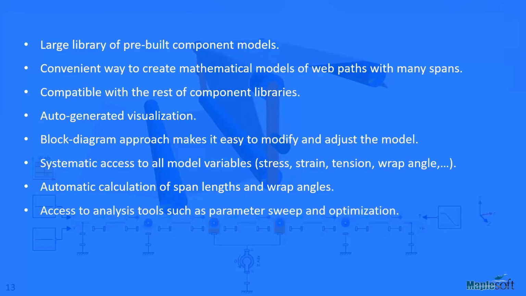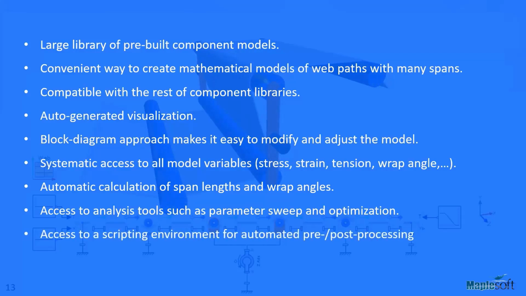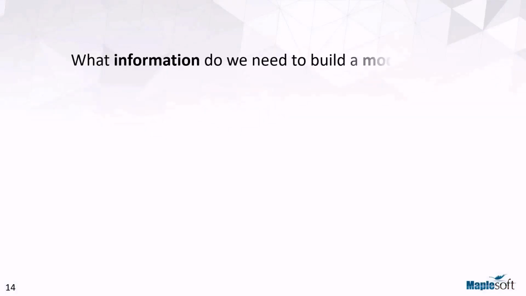And being in this environment provides additional benefits, and we'll talk about that a little bit later, to perform more automated tasks like optimization or parameter sweep, or doing scripting to automate some of the pre and post processing requirements.